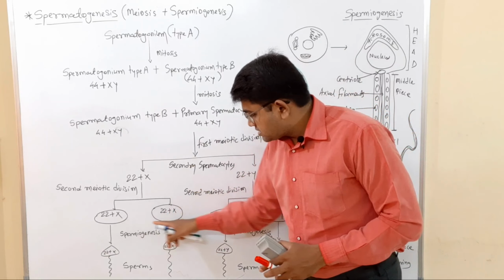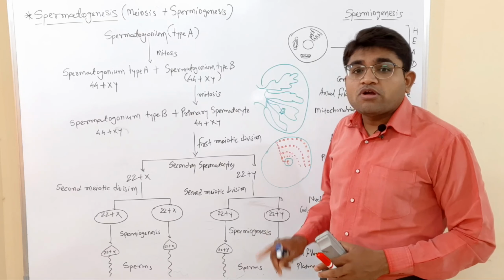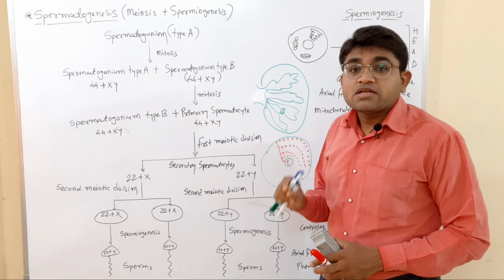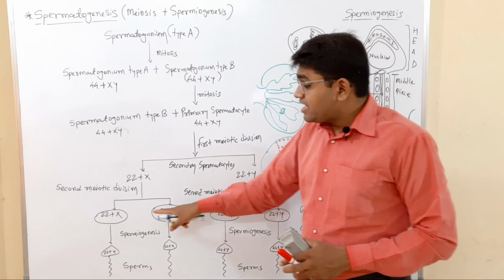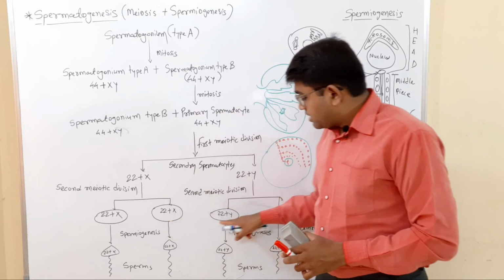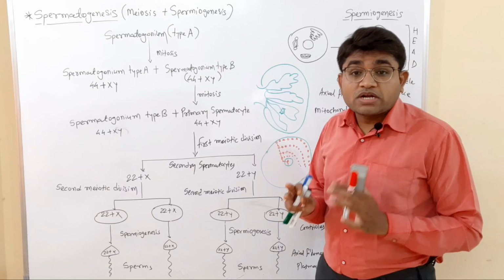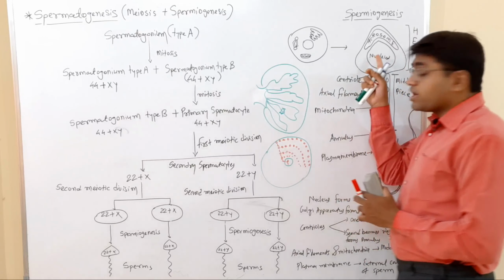These four cells are known as spermatids. They are rounded cells. But as we know, the sperm is not a rounded cell; it is an elongated cell in structure.